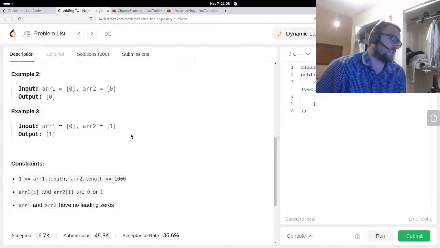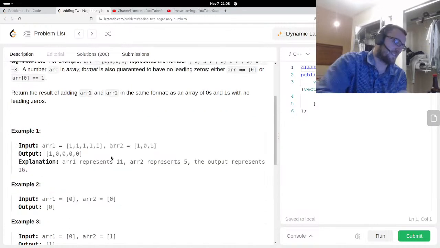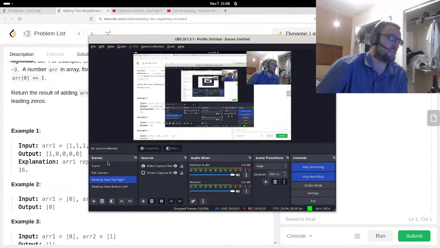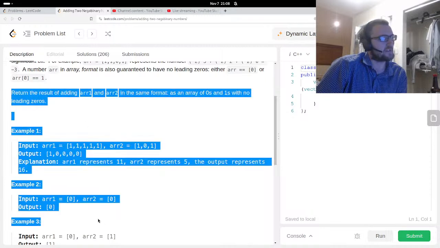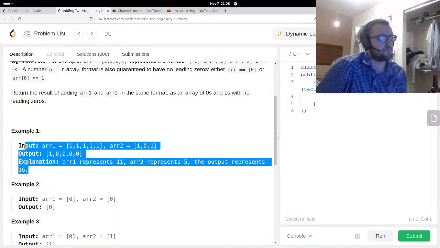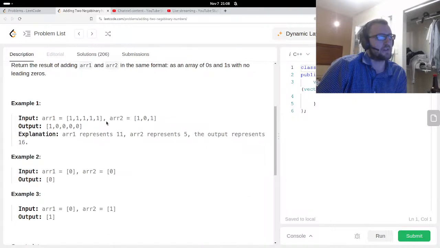So, I mean, the other day I had it, it's a pretty low submission rate, pretty low acceptance rate. It's kind of a rough one. Probably the easiest thing to do this quickly would be, I've already computed a way to go from, I think, base 2 to base -2.